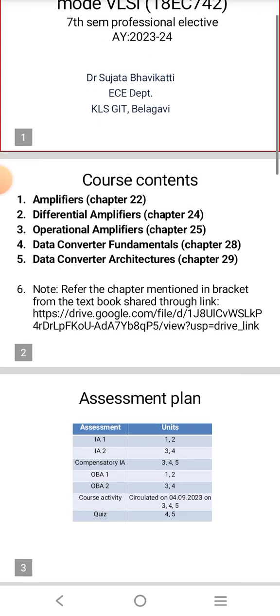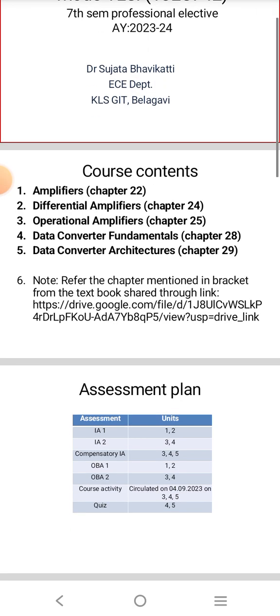The total syllabus contains 5 units. For this we refer to the textbook by the author Jacob Baker. The link of the book is given here, and I have also shared the textbook over Google Classroom, so you can refer to that.